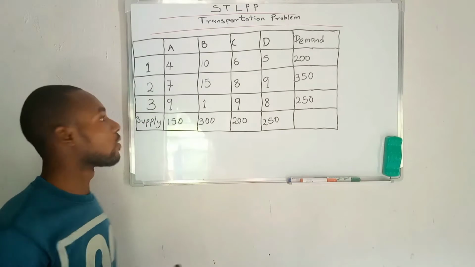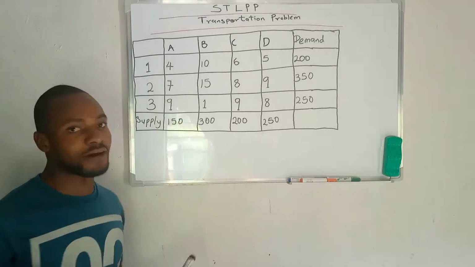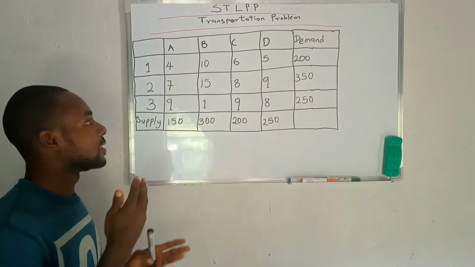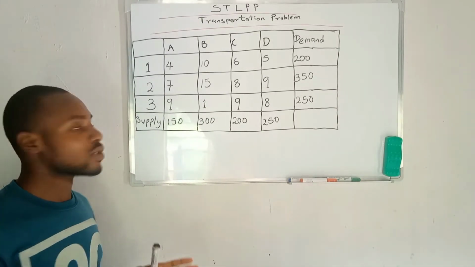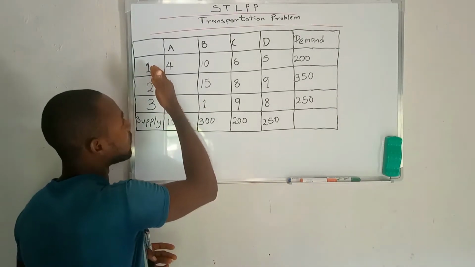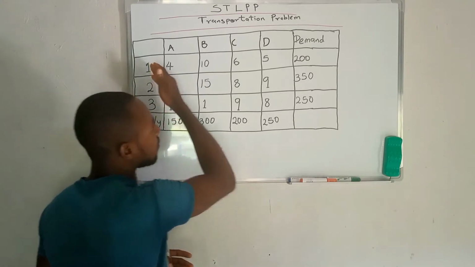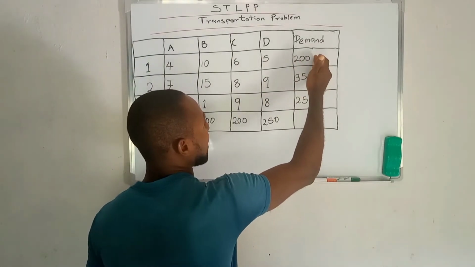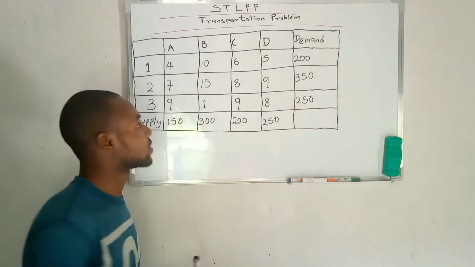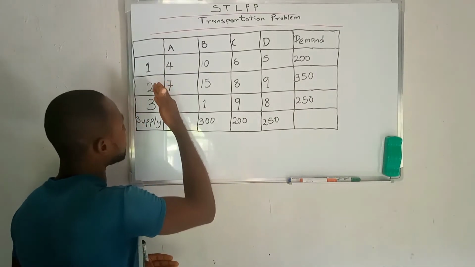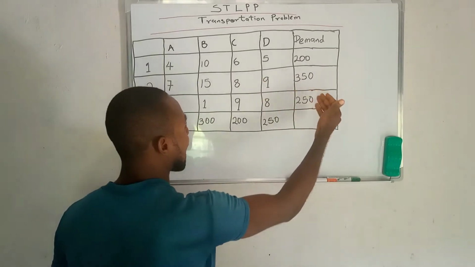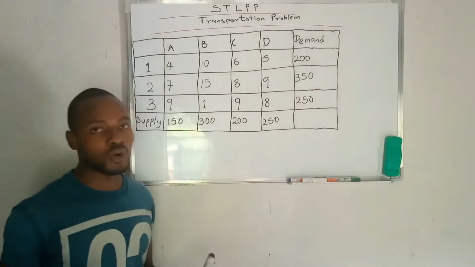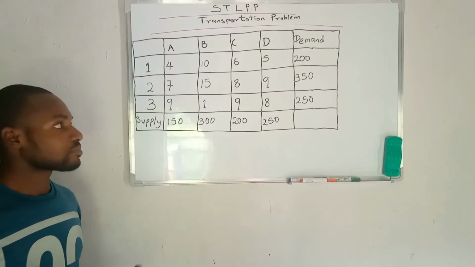And then these three stores in various places have a maximum amount of goods they can contain. The capacity of the first store, store one, is 200 goods, store 2 has a capacity of 300 goods, and the third store has a capacity of 250 goods.